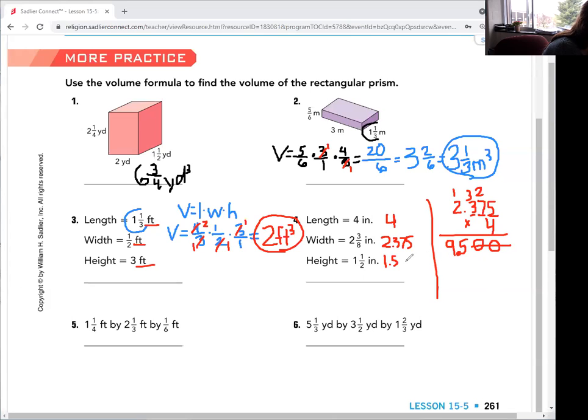Now let's multiply by the third term here, times 1.5. All right, 5 times 5, 25. 9 times 5 plus 2. Drop a 0.